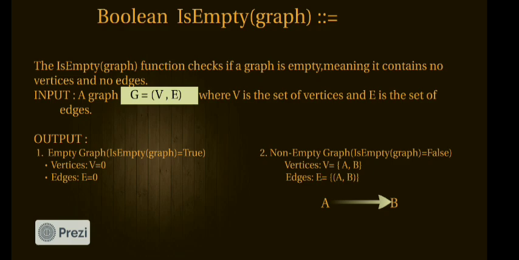If the output of isEmpty of graph is true, then the vertices and edges in the graph are 0, and a non-empty graph will return false if it has at least one edge or one vertex. This function is useful when initializing graphs or checking the termination conditions in algorithms.